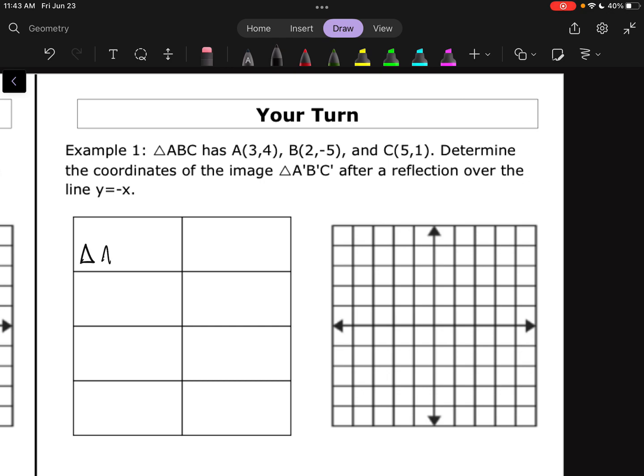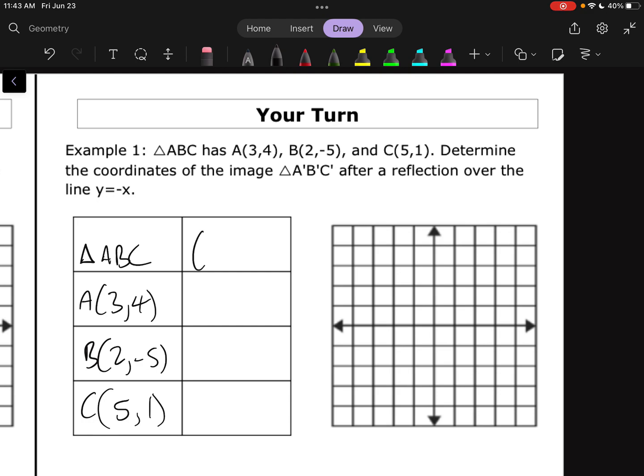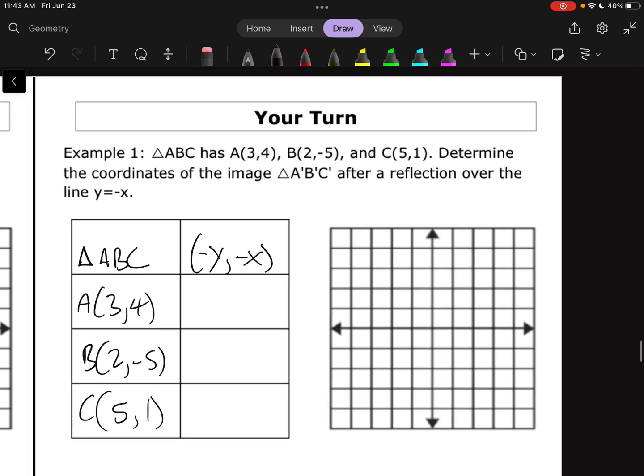All right, so triangle ABC had 3, 4, 2, negative 5, and 5, 1. And we were going to try to do y, negative x, which was negative y, negative x. That was the rule. We get these things graphed here: 3, 4, 2, negative 5, and 5, 1.